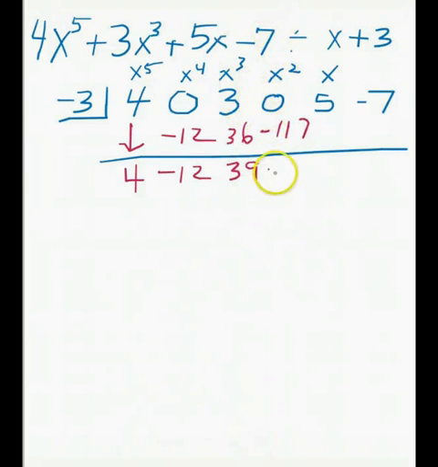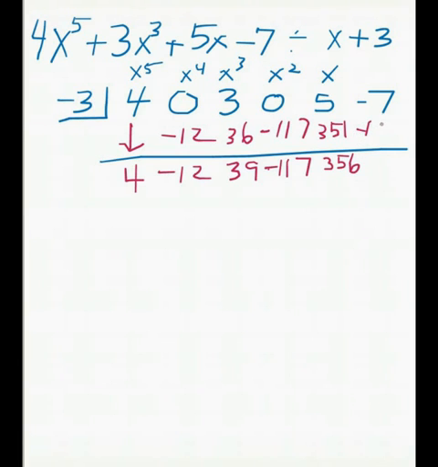Okay, I'm going to keep going with it just because I can. Alright, negative 117 times negative 3 is 351. 351 plus 5 is 356. 356 times negative 3 is negative 10 something.